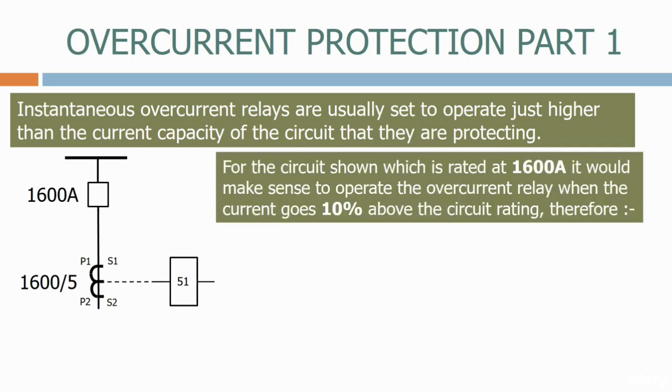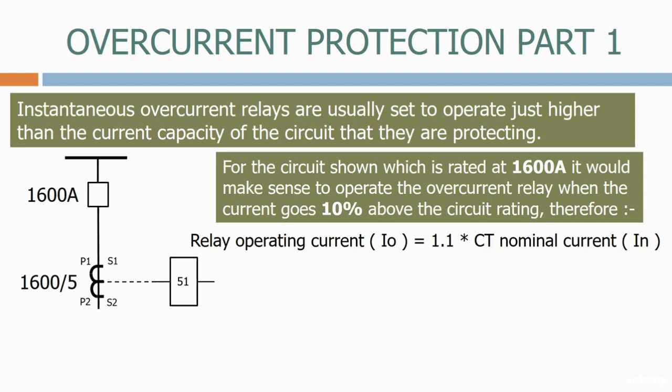For the circuit shown, which is rated at 1600 amps, it would make sense to operate the overcurrent relay when the current goes 10% above the circuit rating. Therefore, relay operating current IO equals 1.1 times the CT nominal current IN.